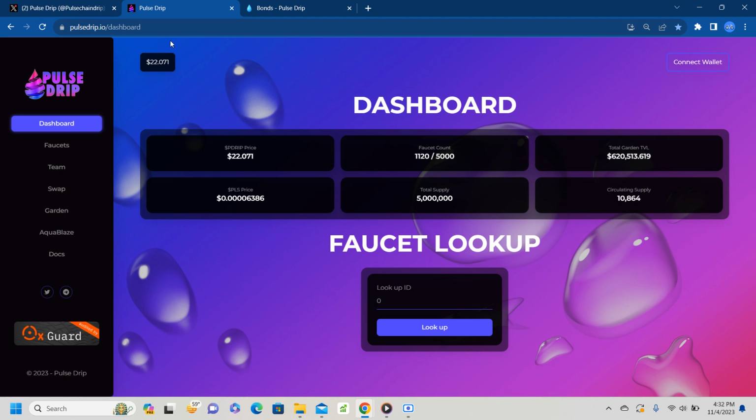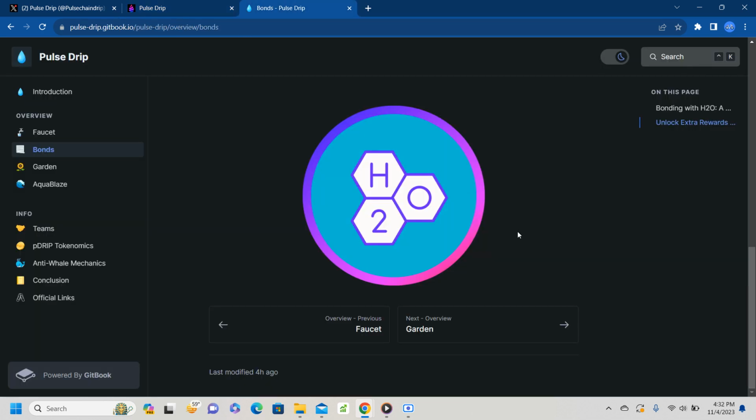And with these new token launches, it creates a buzz, because I would imagine there's going to be more people hopping into H2O, wondering, oh, what is this? How can I get into H2O, and how can I pump my bags and earn some passive income, right?